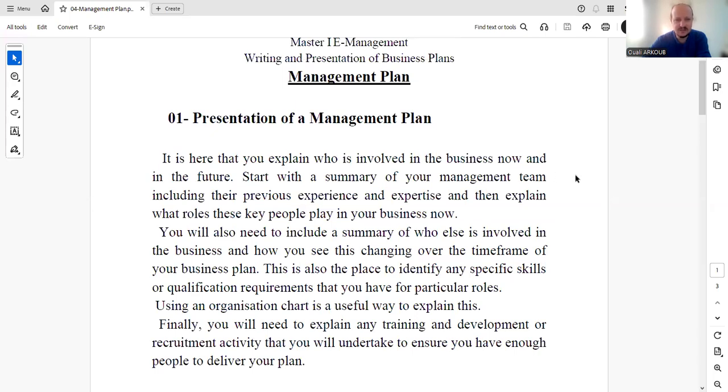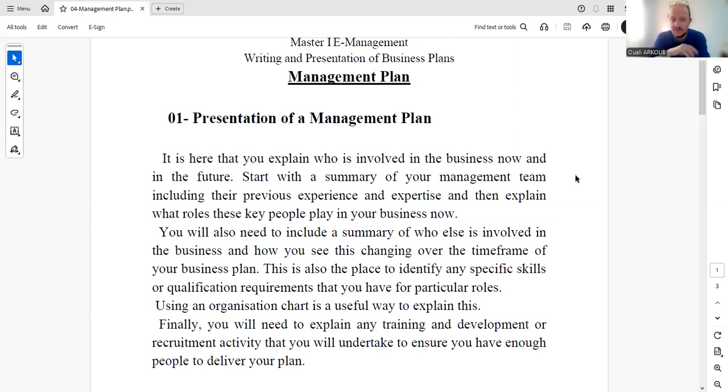We have management plan. We start with the definition of management plan. What is the presentation of management plan? It is here that you explain who is involved in the business now and in the future. Okay, all parts of business now, today, in the present, and also in the future.